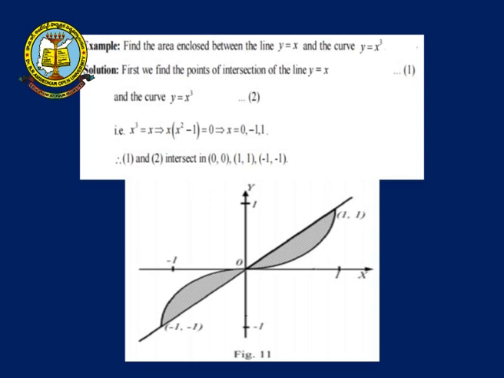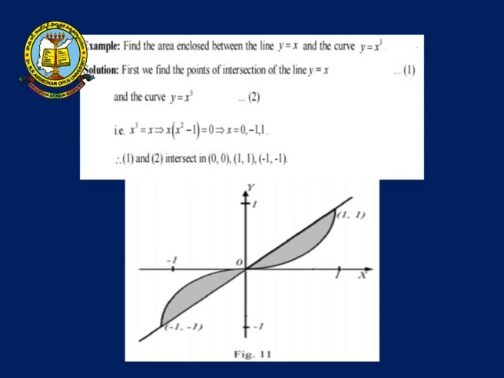Now the bounded region, the enclosed region, is the dark part in the first quadrant as well as the third quadrant. Here we need the intersection points of y equal to x and y equal to x cube. Taking x cube equal to x, so x into x square minus 1 equal to 0, the points are x equal to 0, minus 1 and 1.